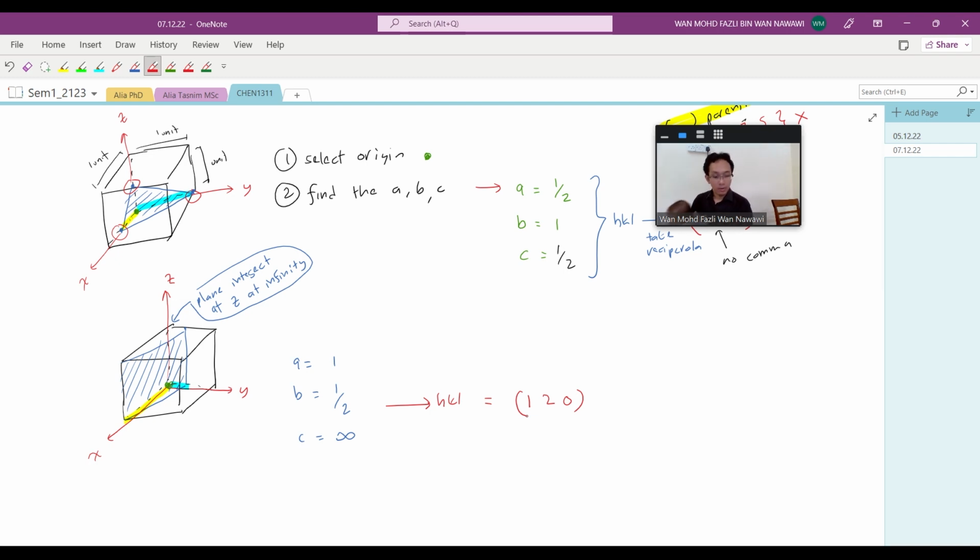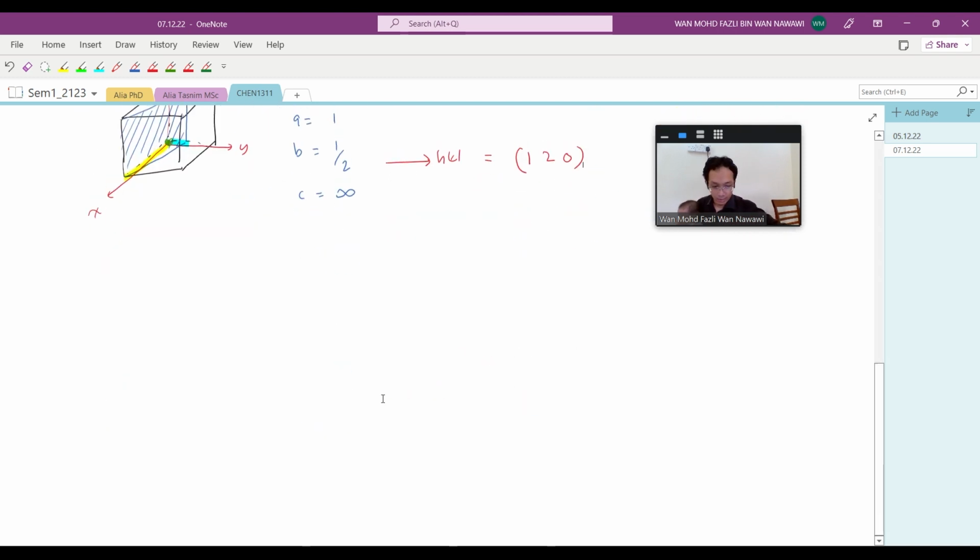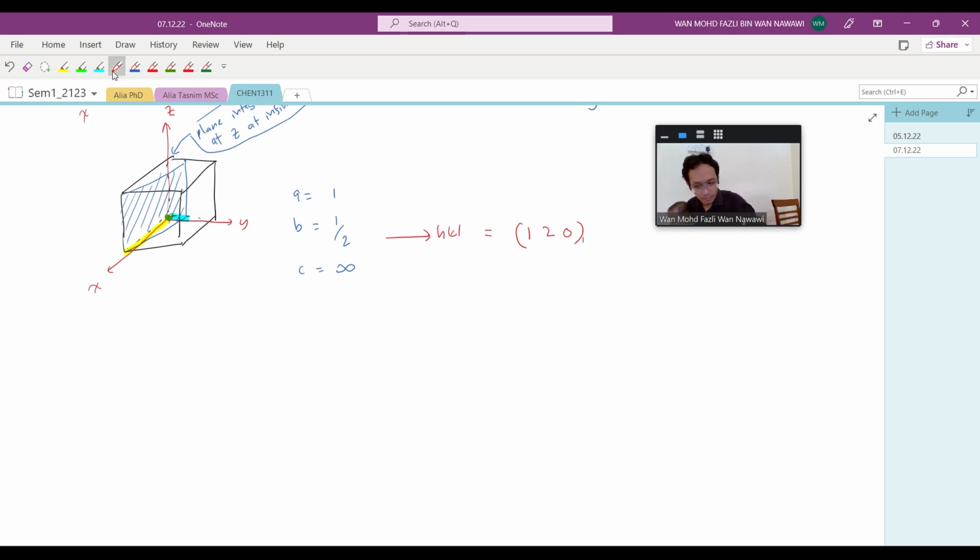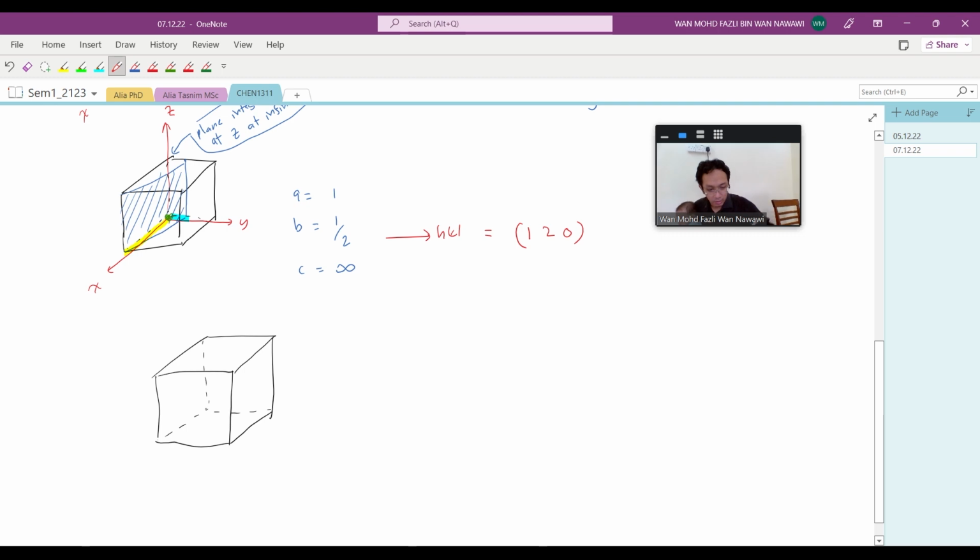Now sometimes you see a negative intercept. For example, let's say I draw the cube again. But now instead of taking the previous point as the origin, I make this the origin.